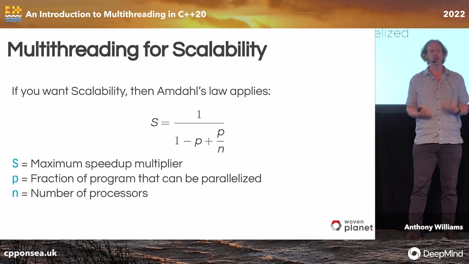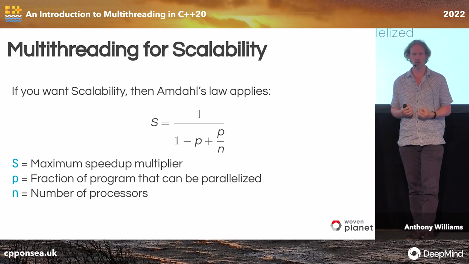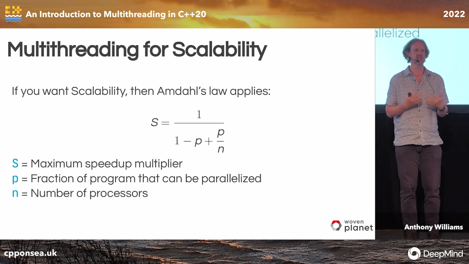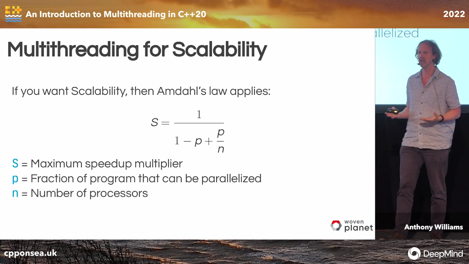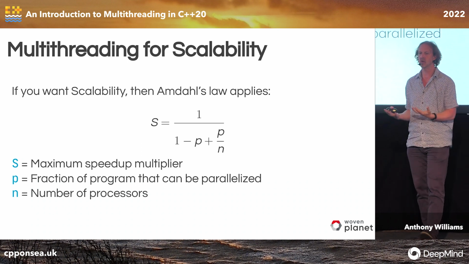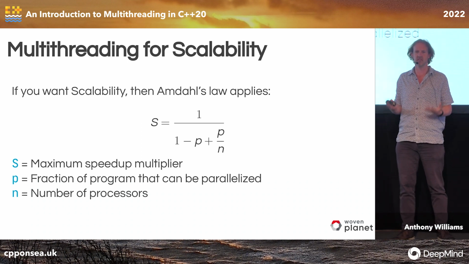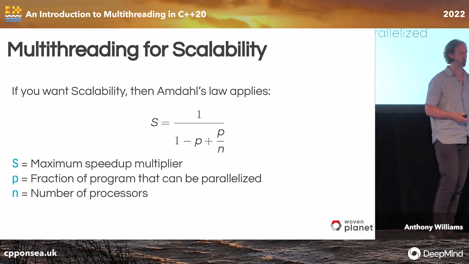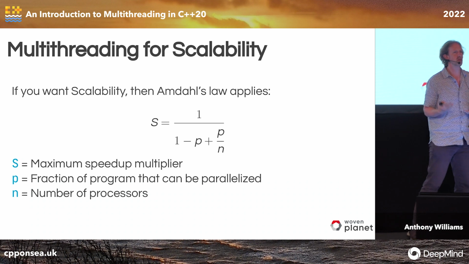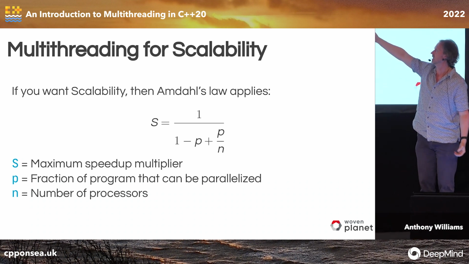So if you're looking at scalability, then Amdahl's law is key. This is something you're really going to be focused on. You're going to be looking at what is the parallel scale-up that I'm going to be getting? How much of my work can be parallelized, and how many processes have I got to do this work? So you're looking at your speed-up multiplier, and we have our fraction here.